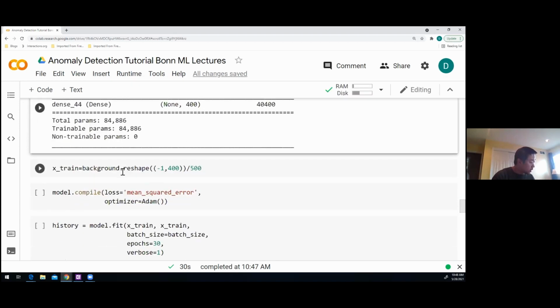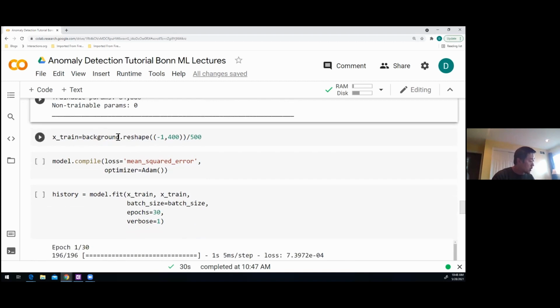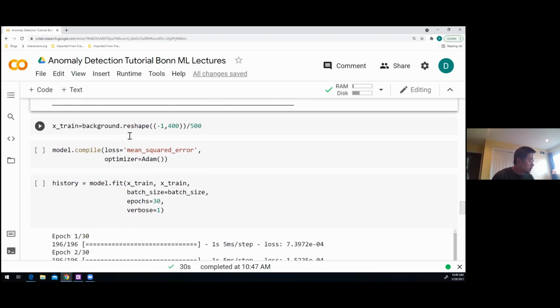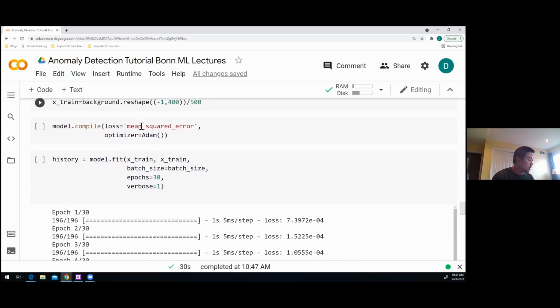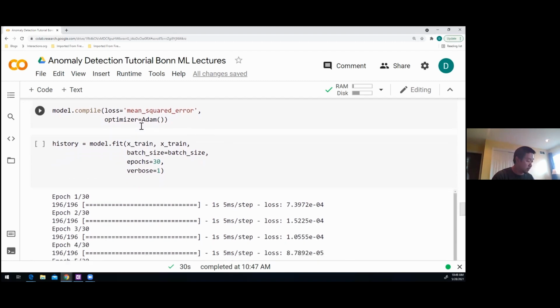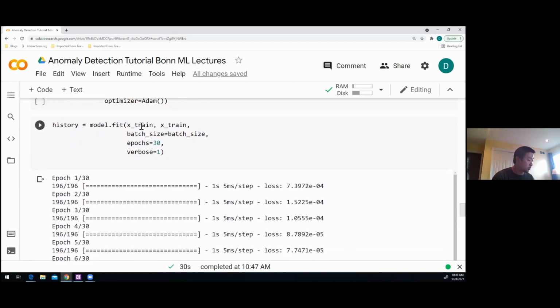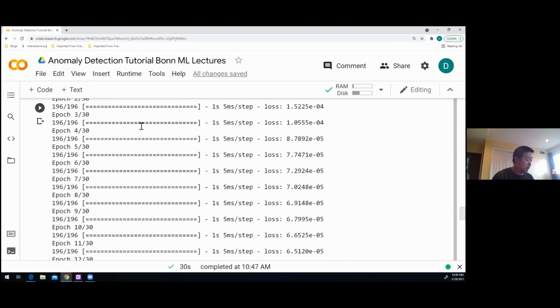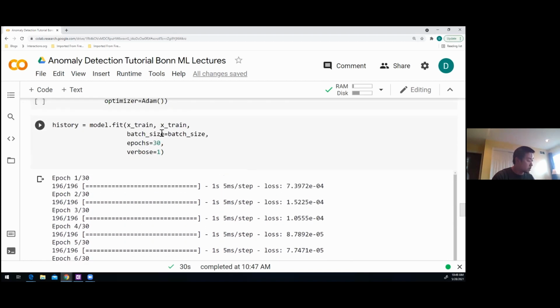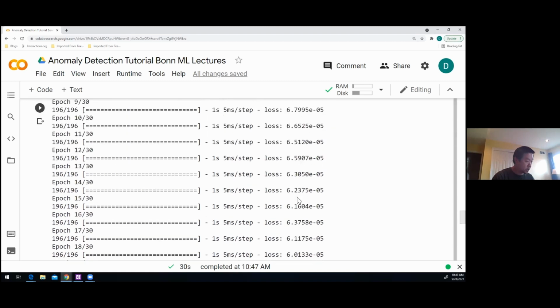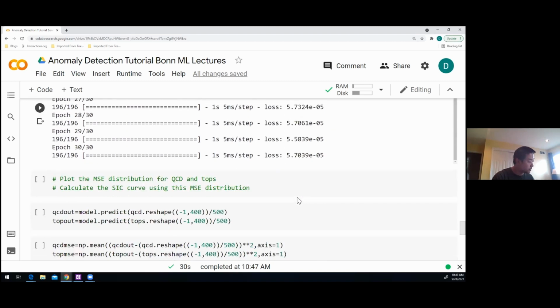Okay, so good. We're just going to train it on only the backgrounds. In practice, if this is data driven, you would train it on the data, and then the presence of a little bit of signal would not affect the results much. But just for simplicity here, we're going to train it just on the background. It's learning to minimize the reconstruction error. Then let's look at the reconstruction error for QCD, which it was trained on, and for tops.